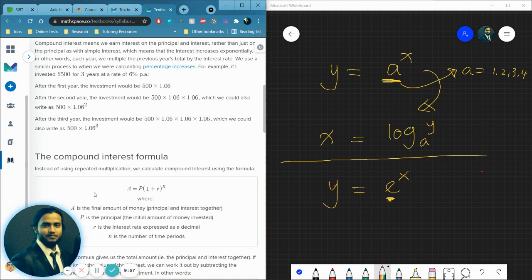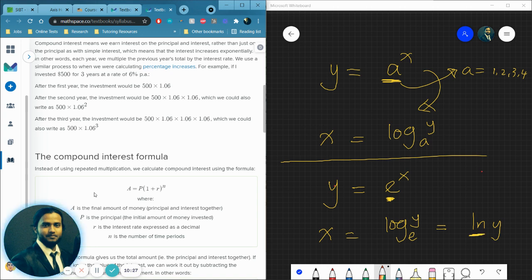We'll know a lot more about it next week. But as of now, just understand that e is a special number, and if we replace a by e, this becomes x equals log base e of y, and log base e has a special name called ln y. So log base e is named ln.